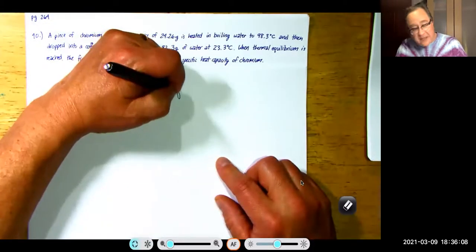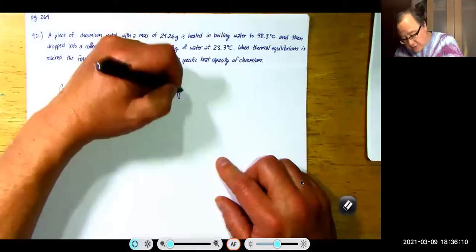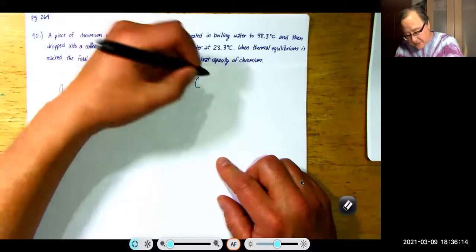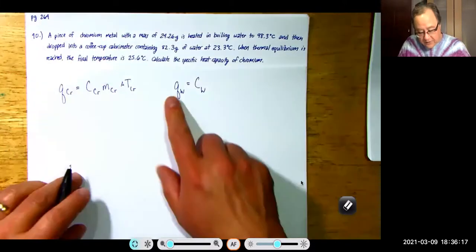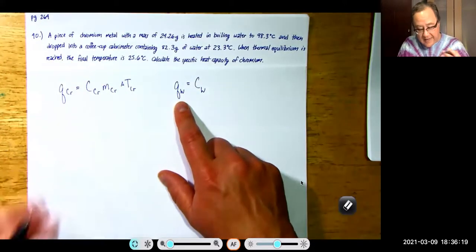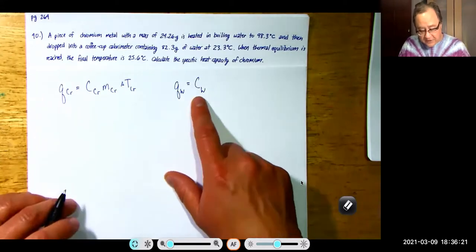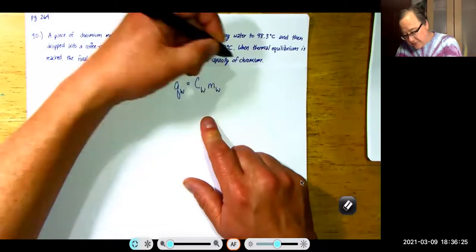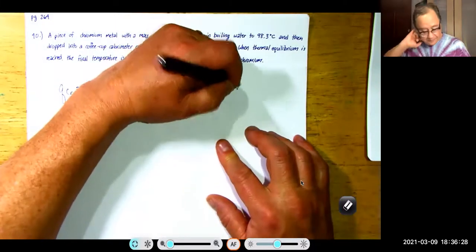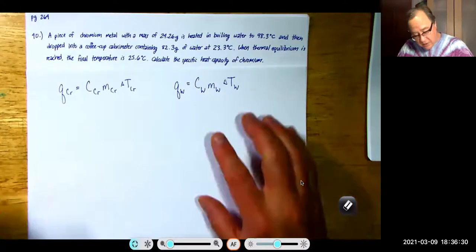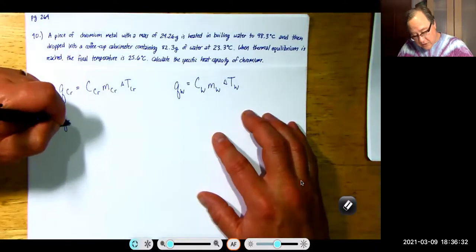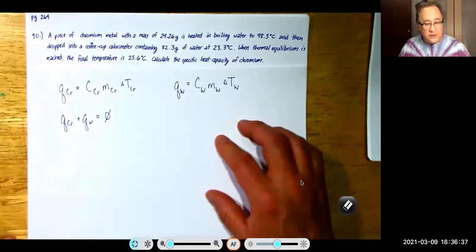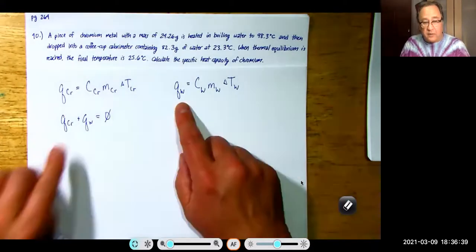The specific heat capacity of the water, I'm going to put W for water. So the Q of the water, the heat that the water gets, is equal to the specific heat capacity of the water times the mass of the water times the change in temp of the water. And I want you to recall that Q of Cr plus Q of W is equal to 0. And we're assuming that all heat transfer happens between the water and the chromium and nothing else.